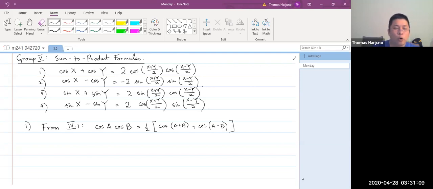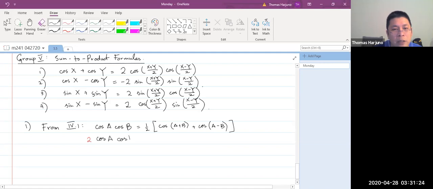I basically copy that down. Notice what happens if I multiply by 2: I get 2 cosine A cosine B equals cosine sum plus cosine difference.